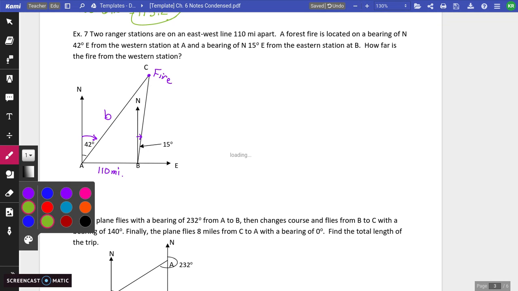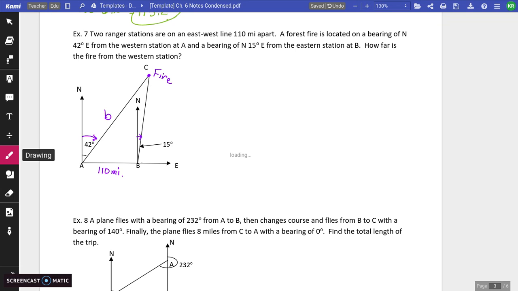North to east is a 90-degree angle. So subtract 42, and you get 48 degrees for this portion of the angle.